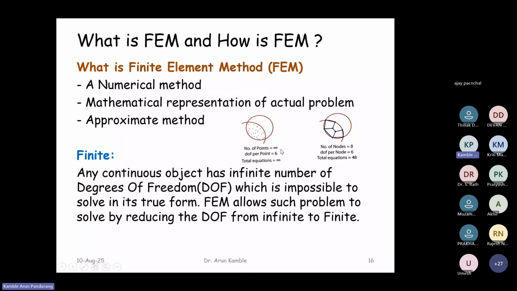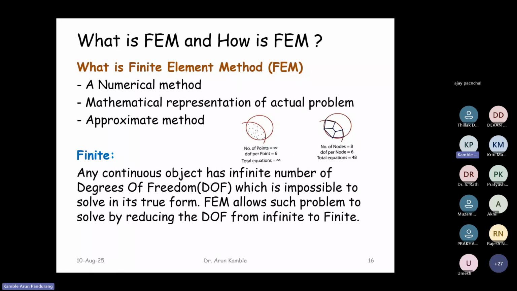And in general, for any point or any system, the degrees of freedom per point is 6, meaning 3 translational and 3 rotational. 3 translational means there is a translation in x, y, and z direction, and rotation about the x-axis, y-axis, and z-axis. Therefore the total degrees of freedom per point is 6, and when we multiply the total number of points by 6, we also get an infinite number of equations.